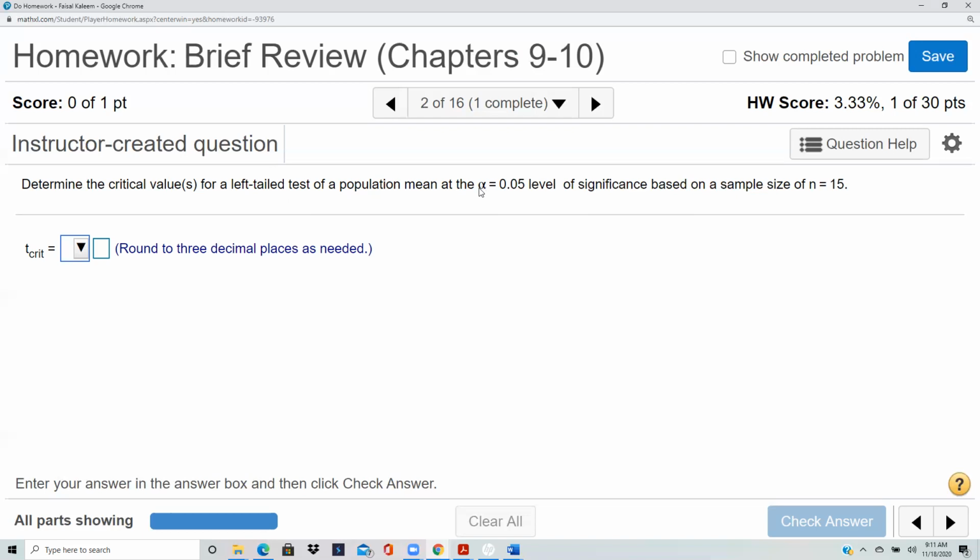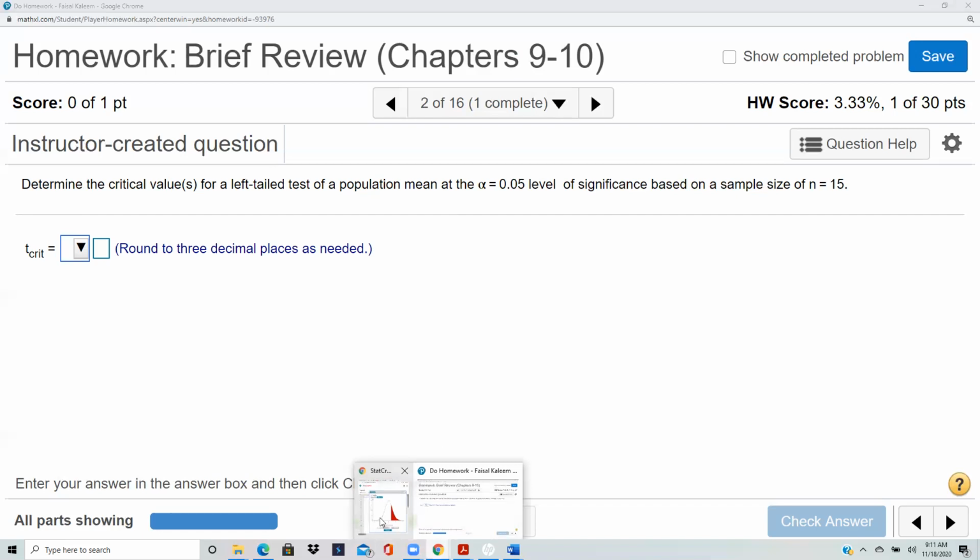But if it's two-tailed, we do it slightly differently. What do we do then? We do 1 minus alpha, and then we use the between, right? Yes. Because there you have to get two of them. So here, this is left-tailed, so we just do the normal stuff.